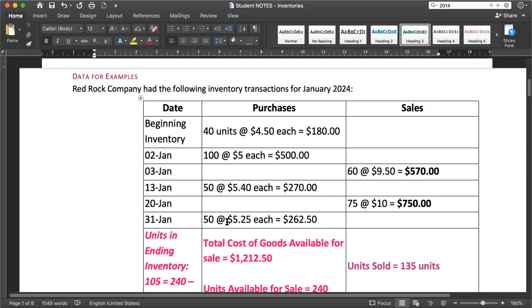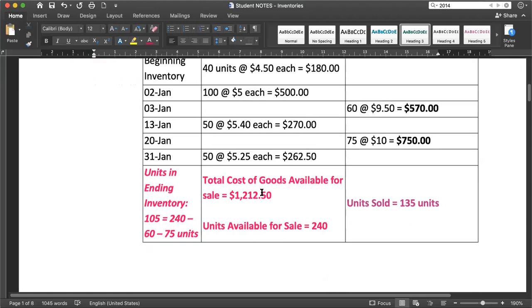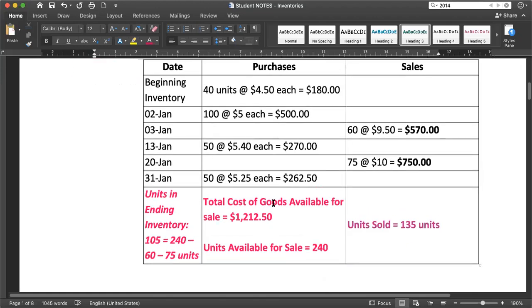And then at the end of the month, they purchased another 50 units and paid $5.25 each, for a total of $262.50. So all of this, the beginning inventory plus the purchases during the month, 180 plus 500 plus 270 plus 262.50, was the cost of what was available for sale.